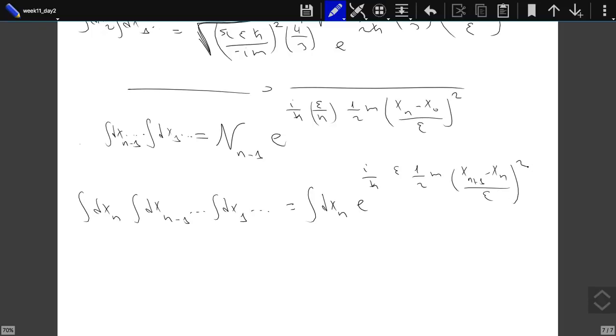This term we didn't touch before in the integrals from x1 to xn minus 1. And then we have this additional term in the exponent, plus epsilon over n, 1 over 2 m, xn minus x0 over epsilon squared.